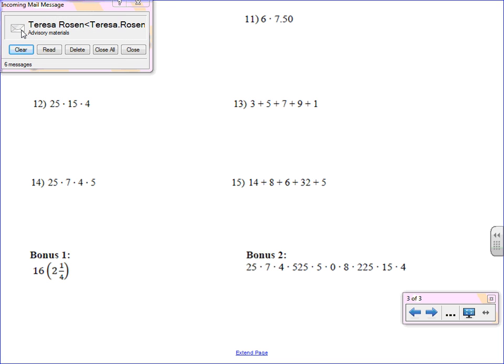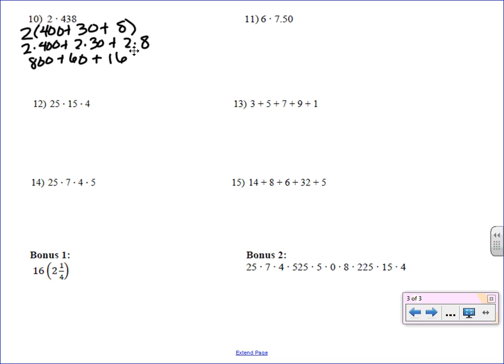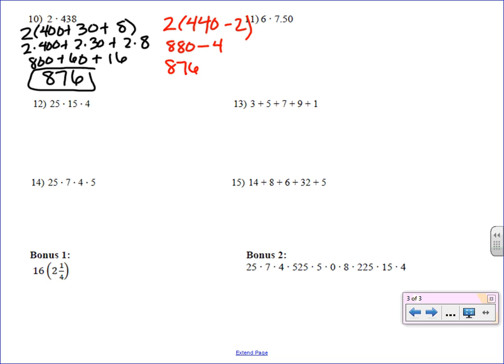So we have 876. And we could also do it as 440 minus 2. So we could do 2 times 440 minus 2. So then 2 times 440 would be 880 minus 2 times 2, which is 4, or that's 876 as well.